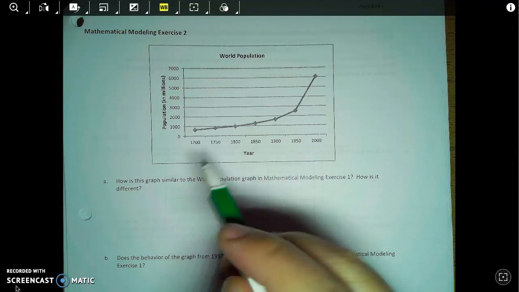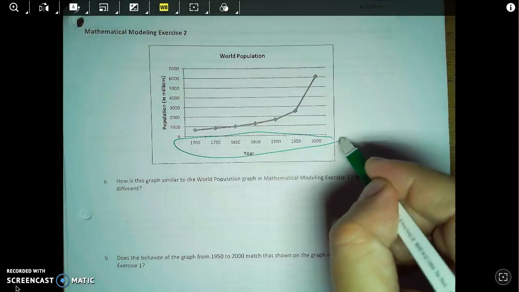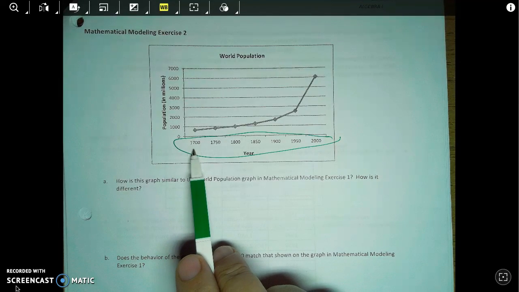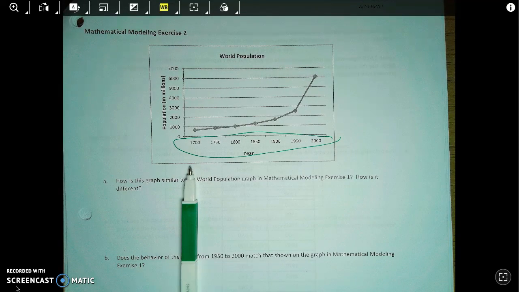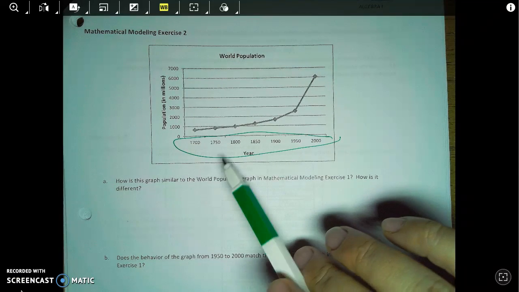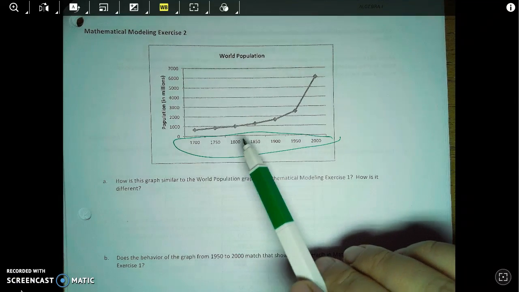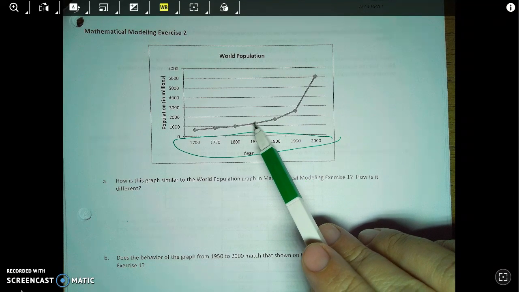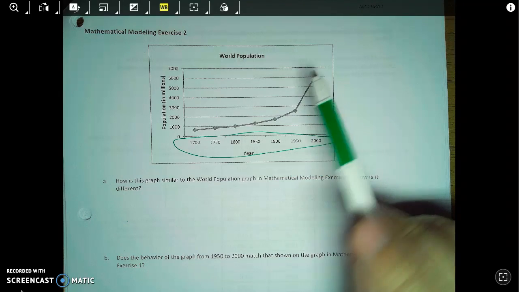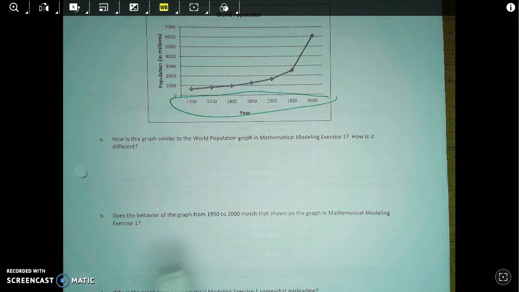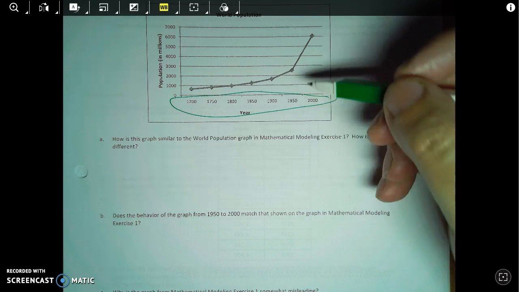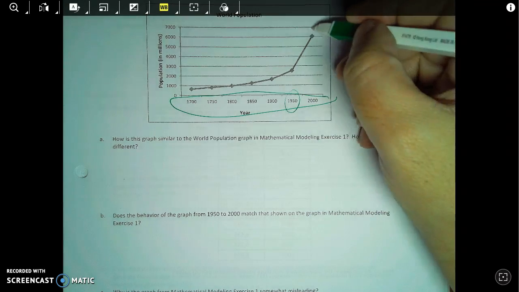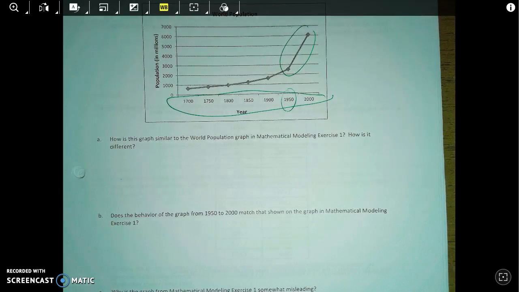If you look at the timeline over here, we're starting with the 1700s, not from 1950 like the previous one, and it looks like from 1850 it takes an exponential growth.